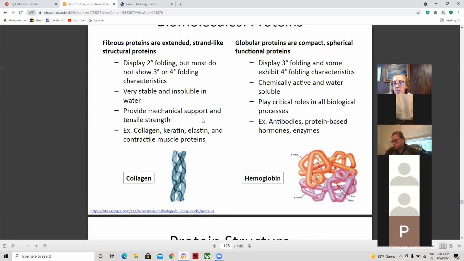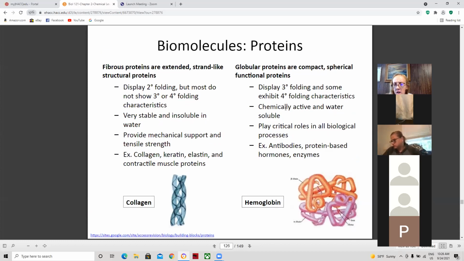They provide mechanical support and tensile strength. Some examples are collagen, keratin, elastin, and our contractile muscle proteins. These don't tend to be your enzymes, maybe with a few exceptions. They're structural.